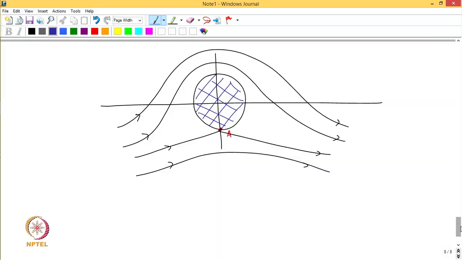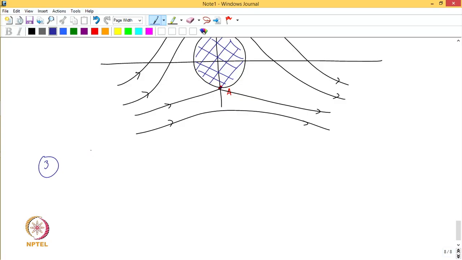Now, the last aspect that I want to consider is that the vortex could have a higher strength than what we get by this situation. So, the third scenario could be: what if gamma by 4 pi u a is more than 1?